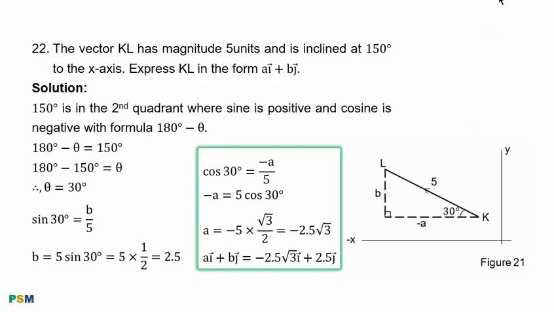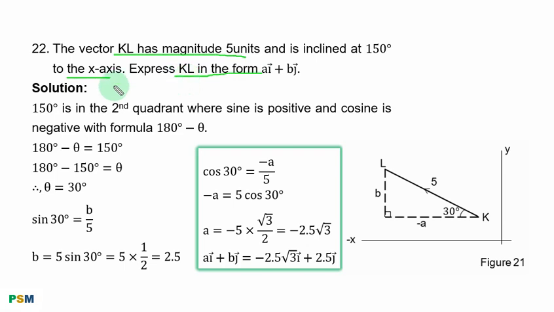Example 22. The vector KL has magnitude 5 units and is inclined at 150 degrees to the x-axis. Express KL in the form a vector i plus b vector j.